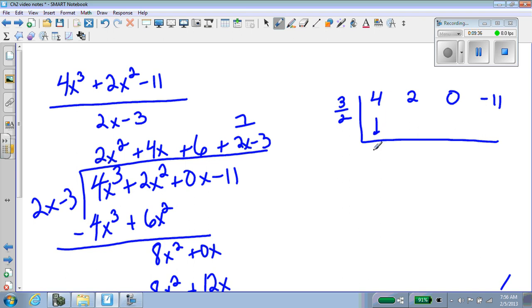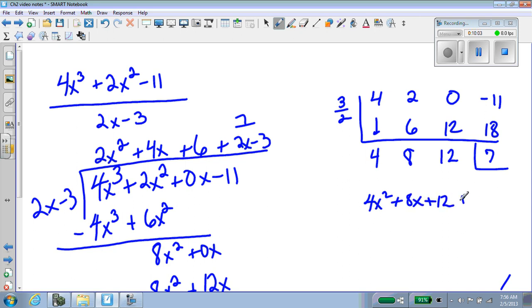So bring down my 4. 3 halves times 4 is 6. 8. 3 halves times 8 is 12. 3 halves times 12 is 18. Remainder 7. So it looks like I have 4x squared plus 8x plus 12 plus 7 over 2x minus 3.